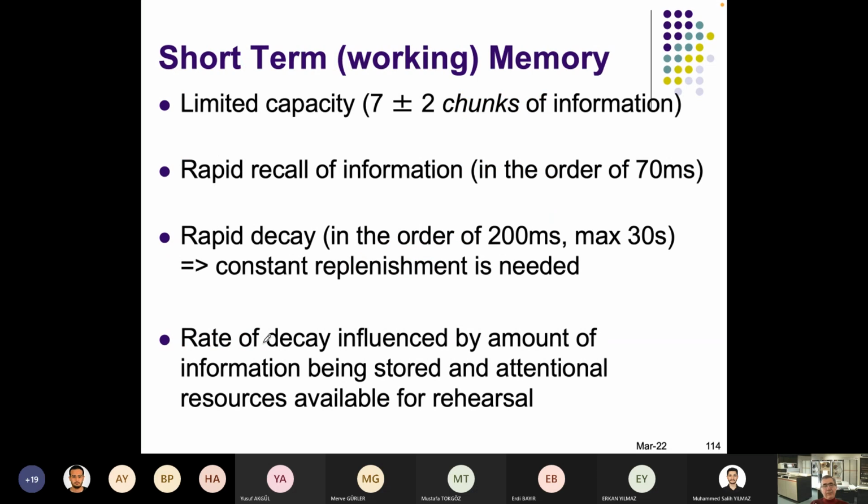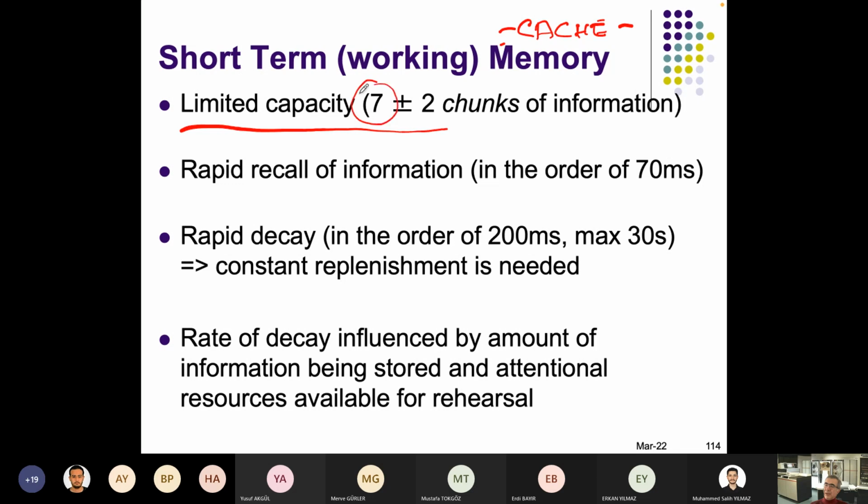Second one, maybe the most interesting one, is the short-term memory. Short-term memory is like a cache, an analogy for computers. It has very limited capacity.